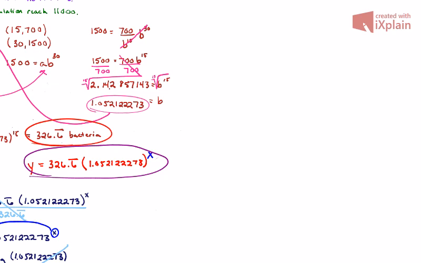If we want to know what happens after 115 minutes, we are describing the x value, and we have that information. So now we have y is equal to 326.6 repeating times our growth rate raised to 115 minutes. This will reveal how many bacteria we have after that amount of time has elapsed.